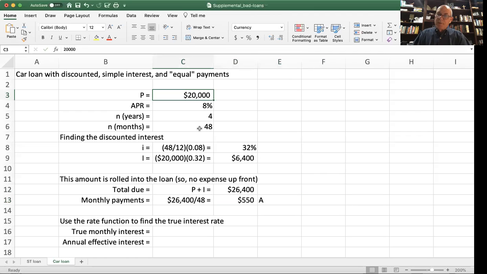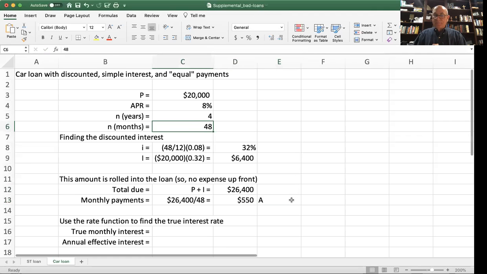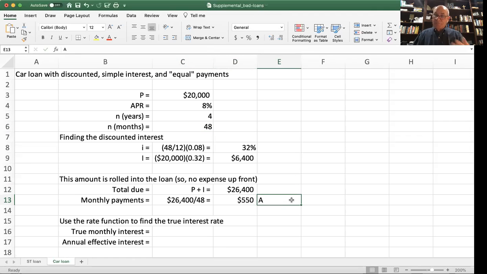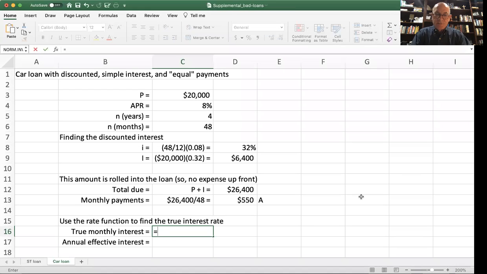And we have a number of periods, 48. So we can use the rate function that we've used before to find the interest, and it will be a monthly rate, since we're using 48 for the number of time periods. We'll just enter the rate function. Rate, number of periods is 48.